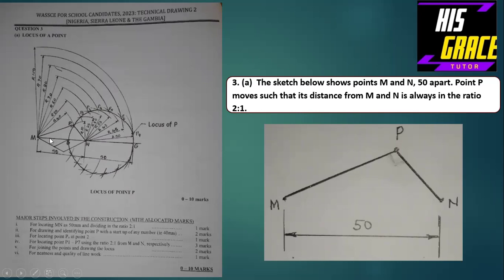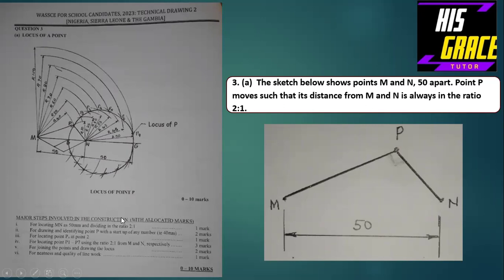So for locating points M and N and dividing it in 2:1, 1 mark is awarded to that. As you can see here, this line MN is divided into 2. So the distance from M to this point here is 2, then the distance from this point to point N is 1.